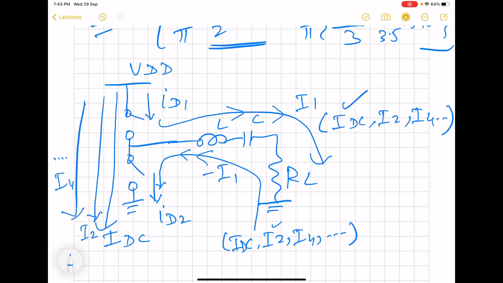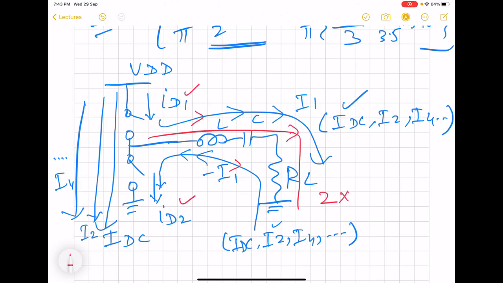But it is only the fundamental which is able to flow through the load network, because for ID1 it has this direction, and for ID2 also it has this direction. So on the whole, what is flowing through this is 2 times the fundamental of either of them.